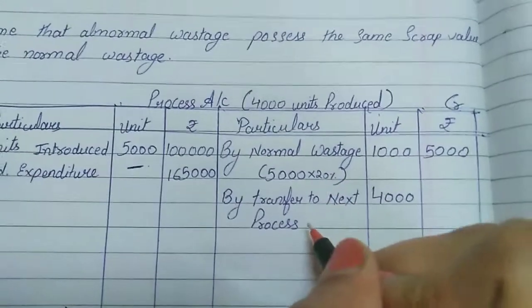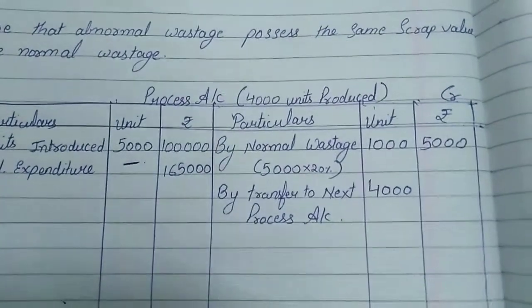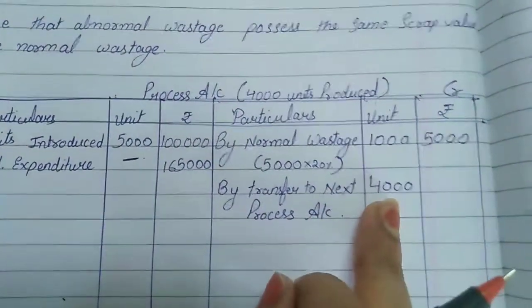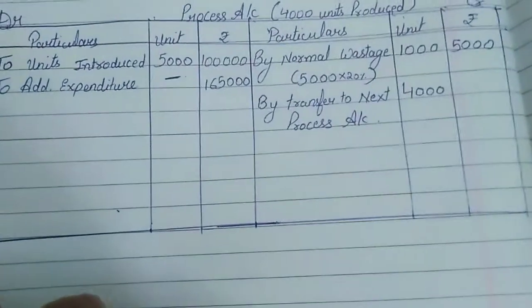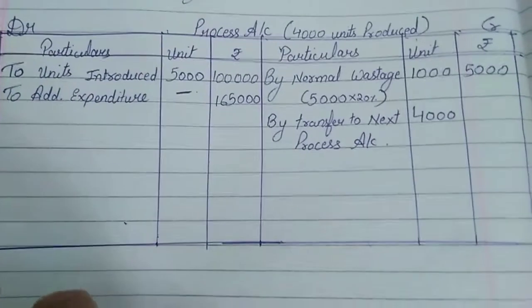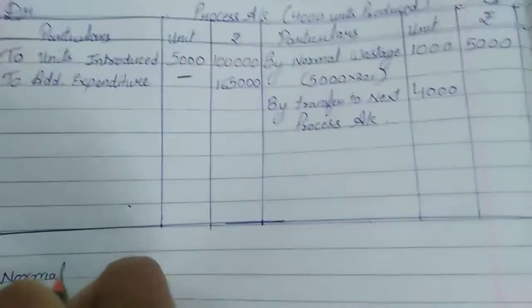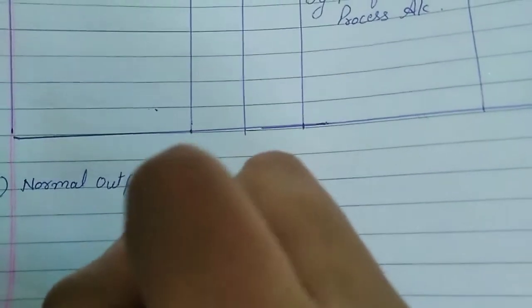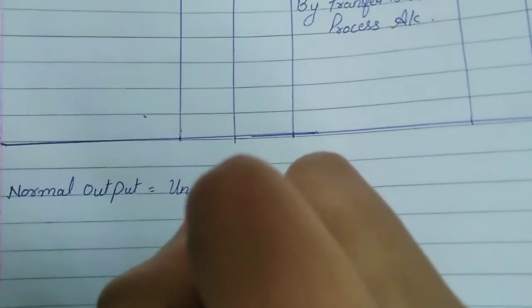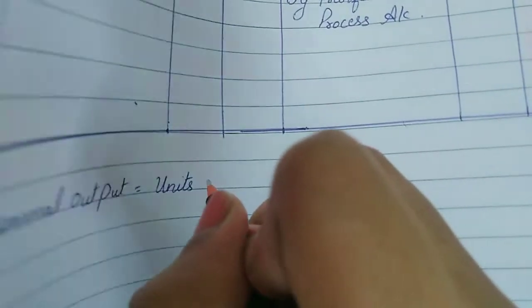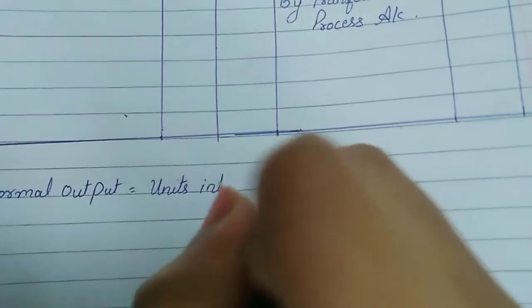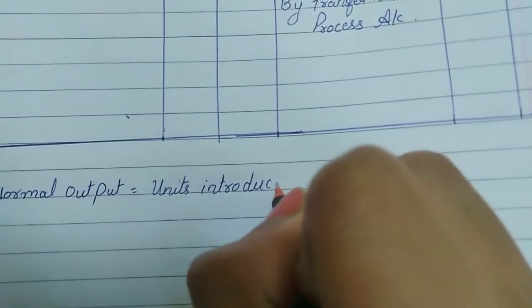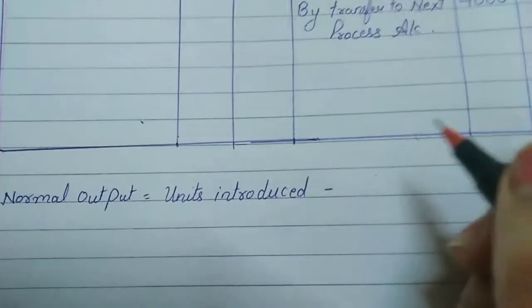Now we have to calculate per unit. Okay, for that we will count normal output first, equals to units introduced minus normal wastage.